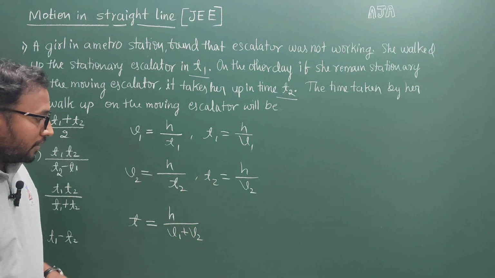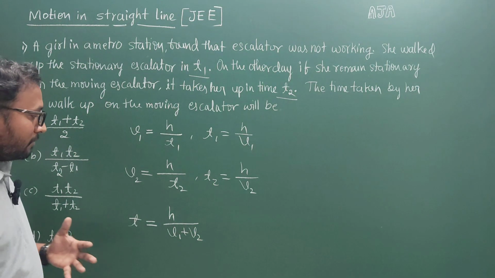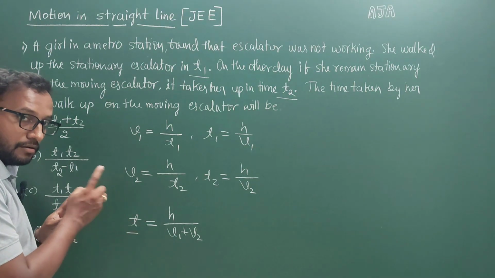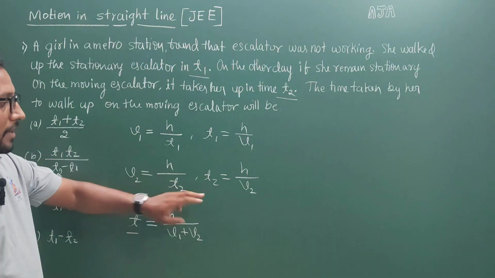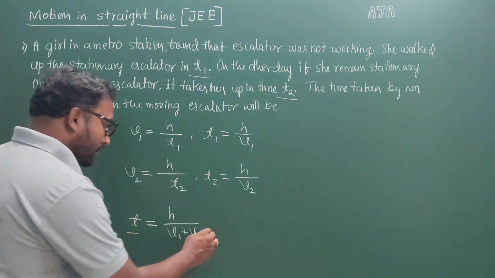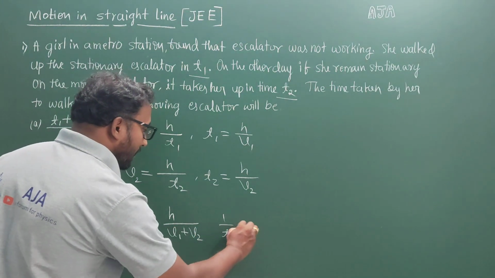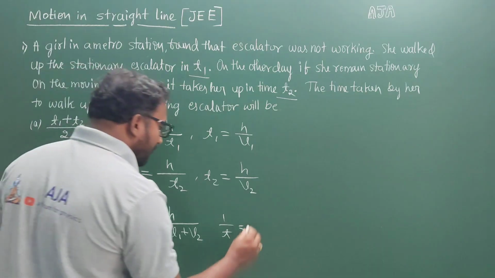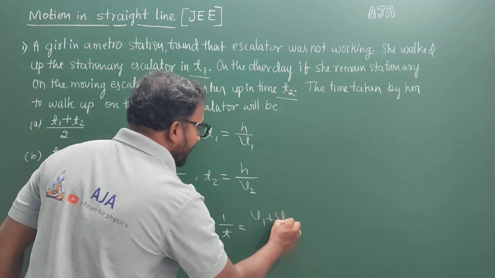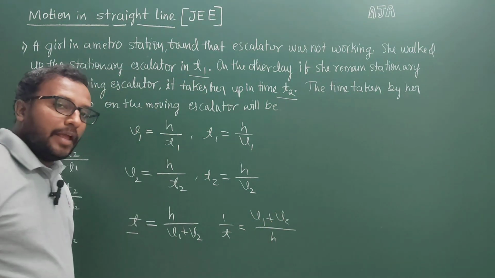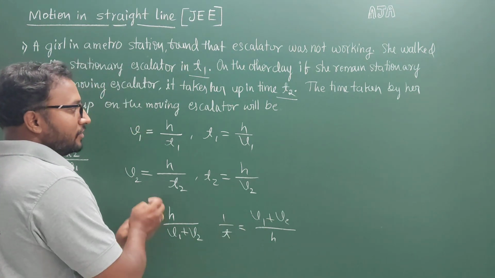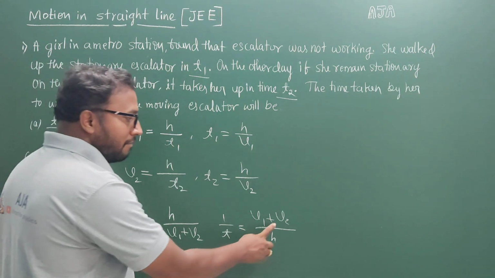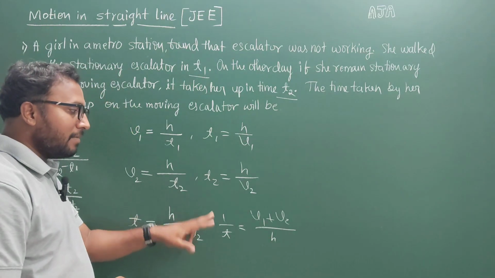Now I hope you can calculate the relation between these times. This is what is actually asked in the question, and how it is related to t1 and t2. I'll take the inverse of this equation, which means if t is equal to this much, 1 by t can be written as v1 plus v2 divided by h. Now v1 by h is nothing but 1 by t1, and v2 by h is nothing but 1 by t2.